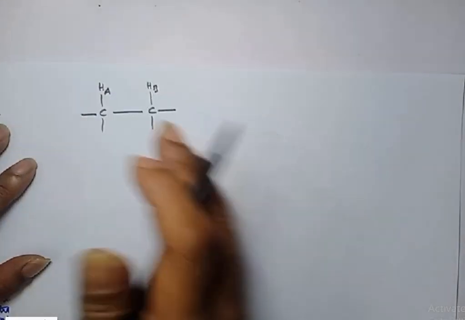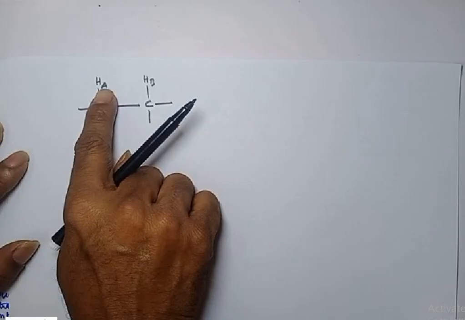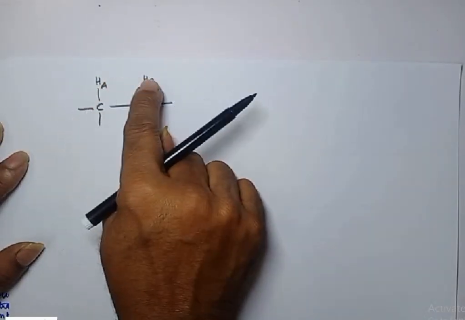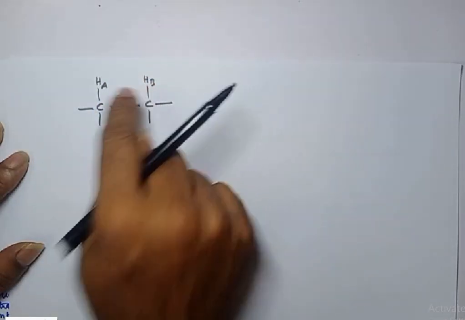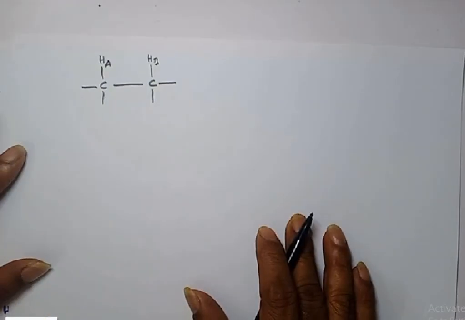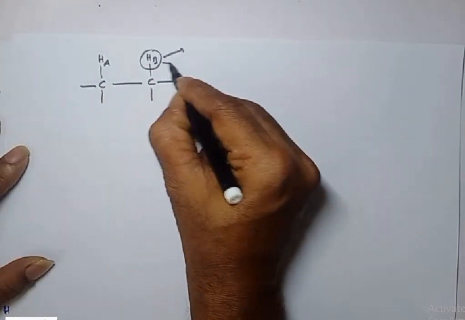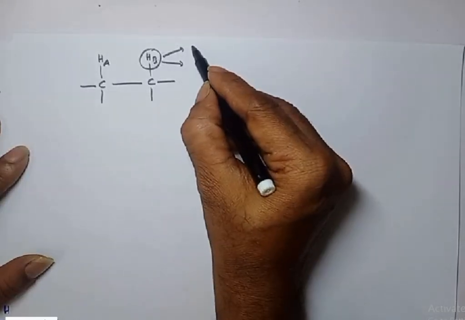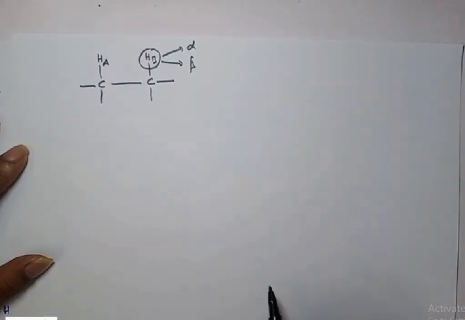HA and HB are in different environments. HA gives one signal, HB gives one signal, but the signal of HA is split into a doublet by the adjacent proton. Why? The reason is that the nucleus of the adjacent hydrogen HB has two spin states, alpha and beta.